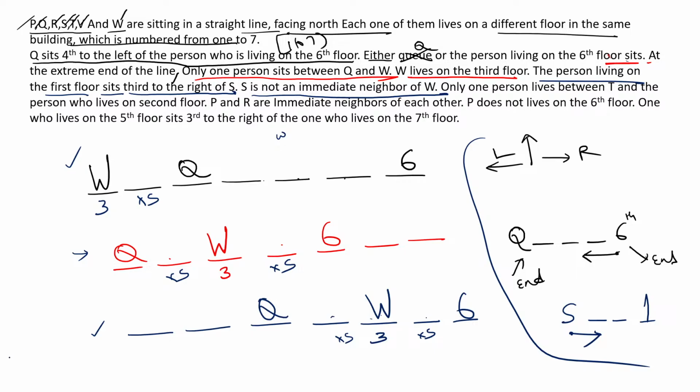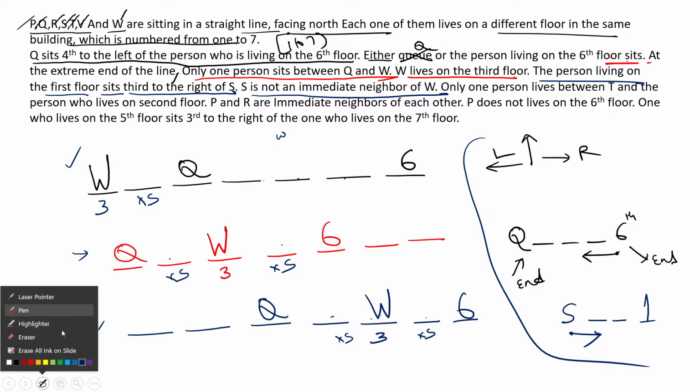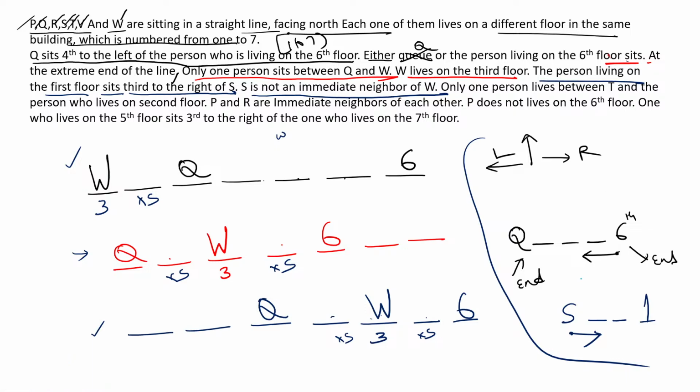Now by using this, let's try to eliminate some of the possibilities. After S you have to leave 2 positions, and you should get 1 here. I can't place S here, W is there. If I place S here, after 2 places I have to get 1, but 6 is already there, which is not possible. But if I place S here, I have to have 2 places and then 1, but there is no gap for 1.